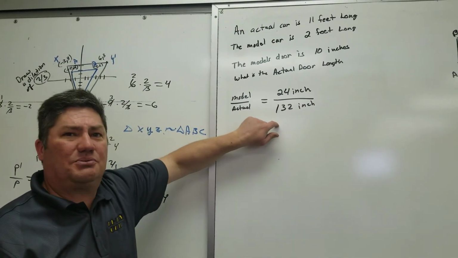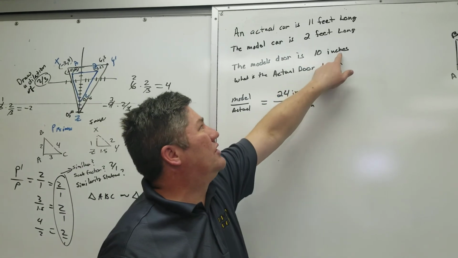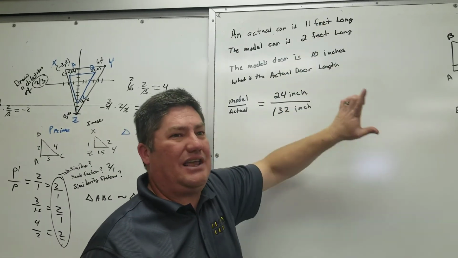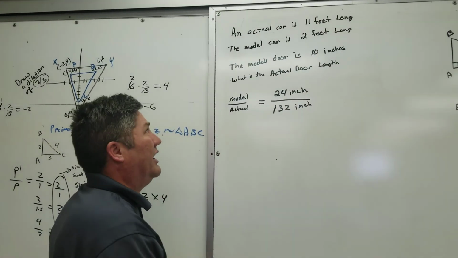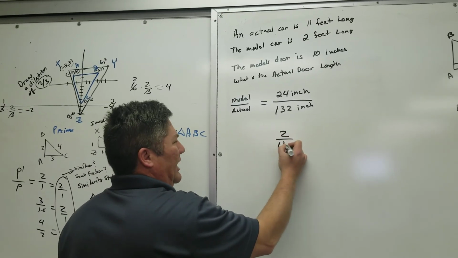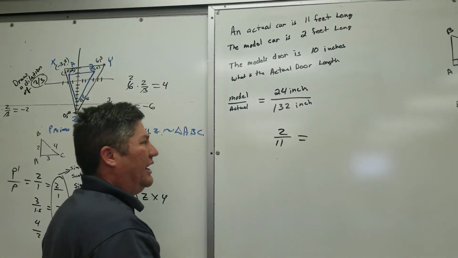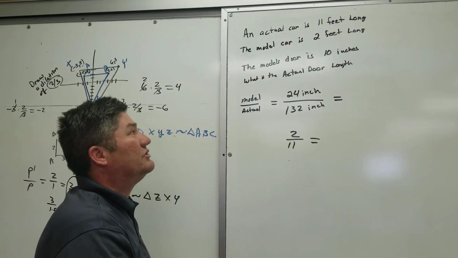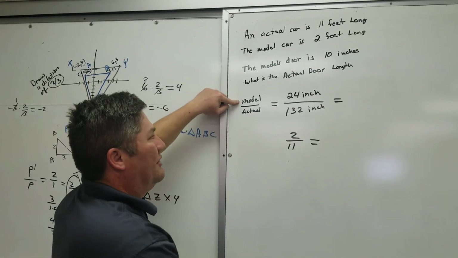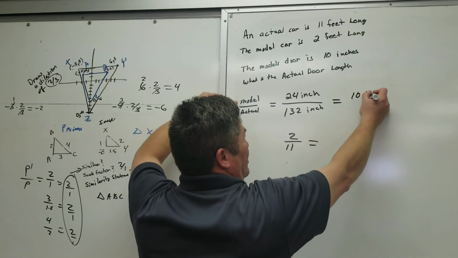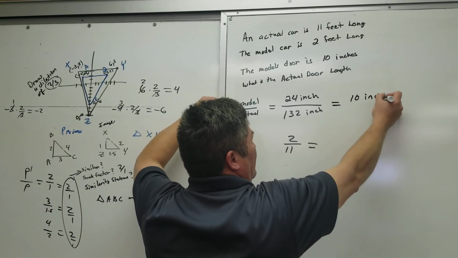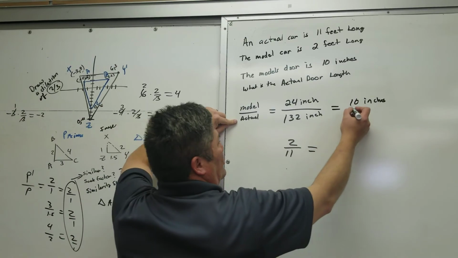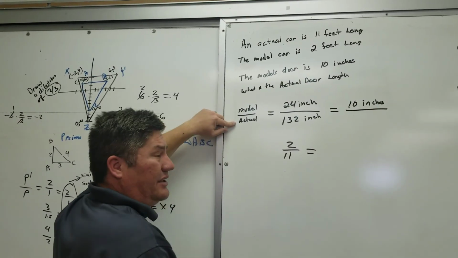The key on this problem is to make sure you convert so everything's in the same units. I'll show you that you could have gone the other way. Let's say I had written 2 to 11 equals, and then here I had written 24 inches to 132 inches. Well, let's do this one. The model door is 10 because it's still being measured in inches. However, the actual car door length, I don't know.